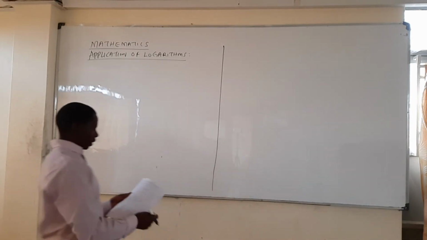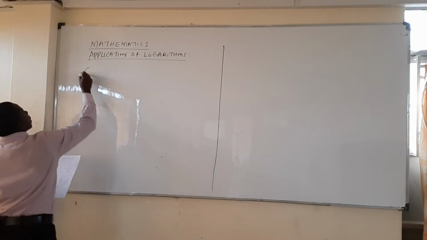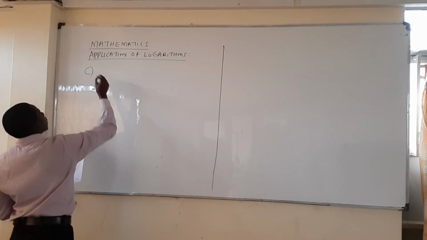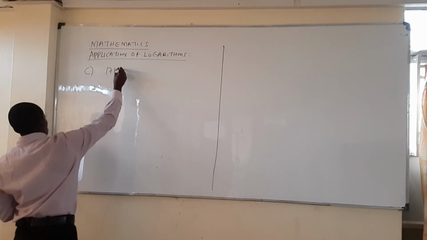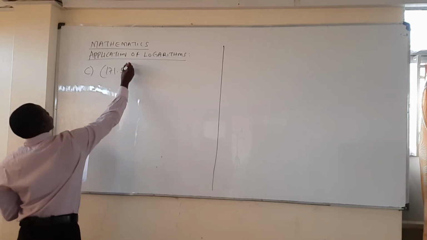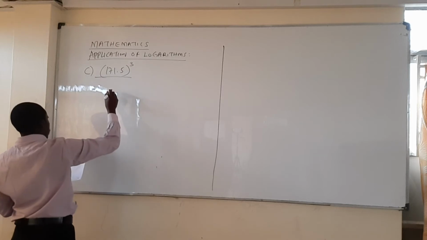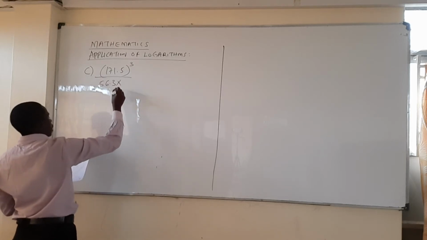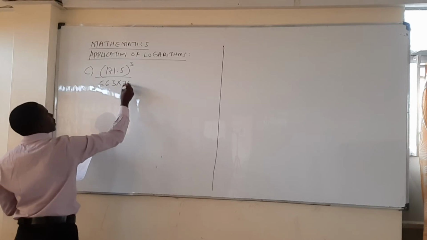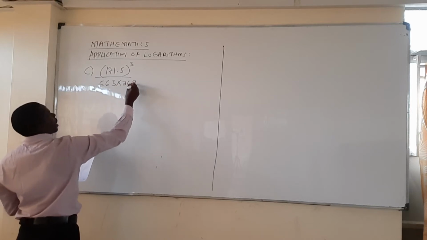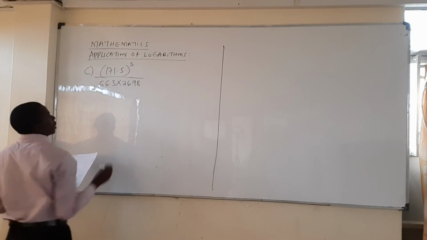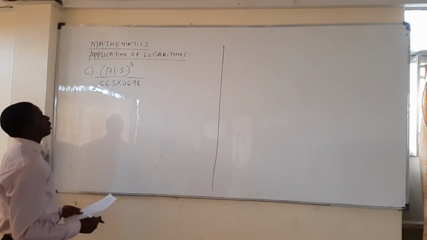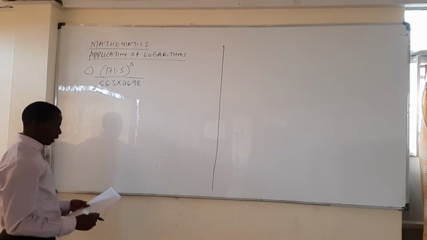So let's have another example. Okay, so for part C, you can have 171.5 cubed over 36.3 times 26.98. So you can have that as our part C, or example 3.